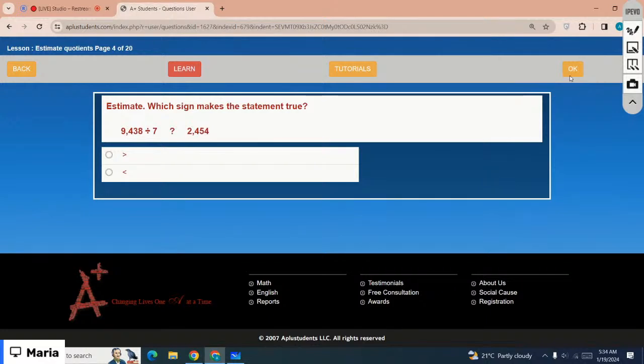Okay, the next one is 9438 divided by 7. You have to compare it to 2454. Yes, this one is also less. 9438 divided by 7 is less than 2454, right? The correct option is less than.